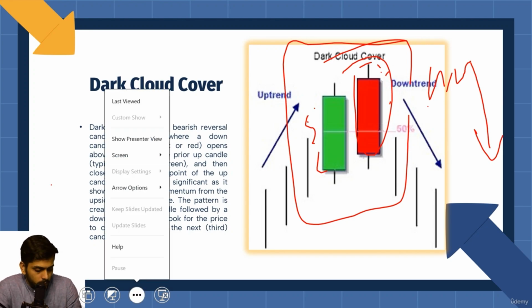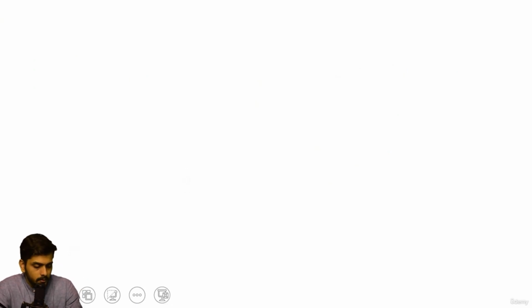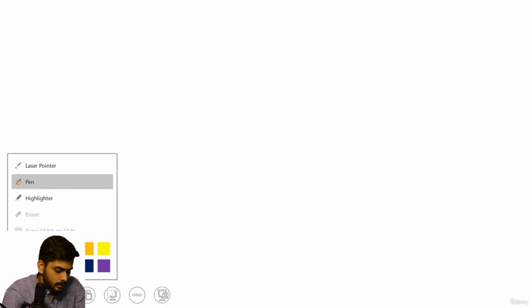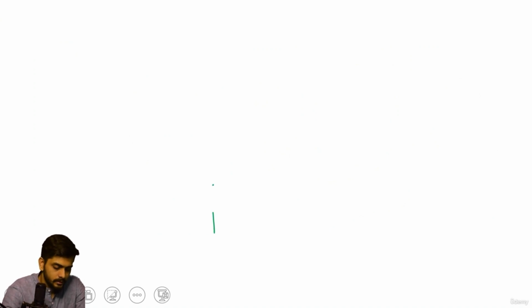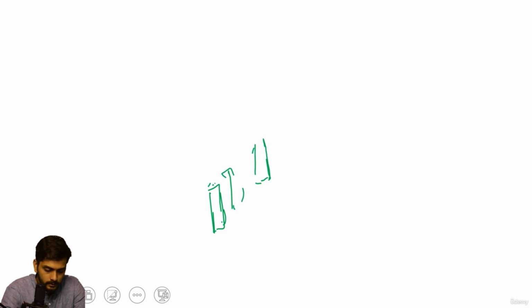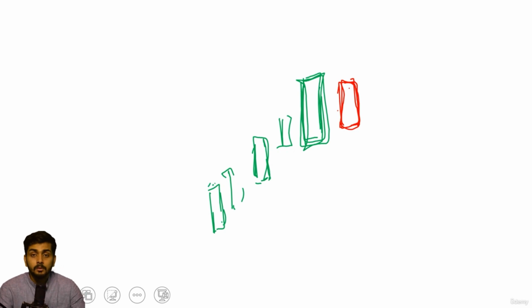Cool. Let's go to the white screen once, just to give a proper explanation of this. So market will constantly move like this, and suddenly on the top it will form a candle like this. Post that, if we see a candle formation like this, what do we understand?